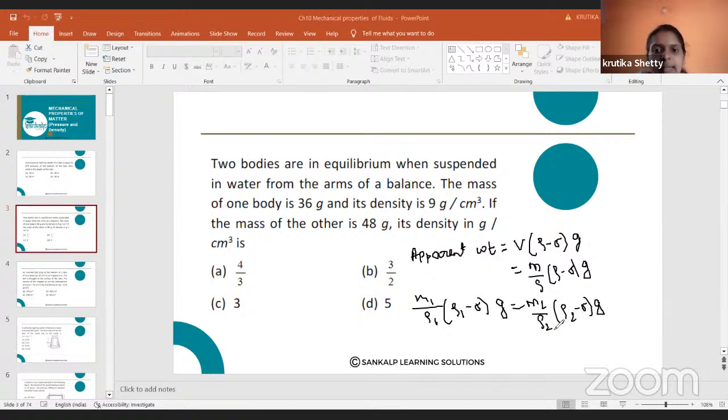Then sigma is the density of the medium. We are suspending in water, right? Whatever the bodies are, since they are suspended in water, the density sigma value also cancels.